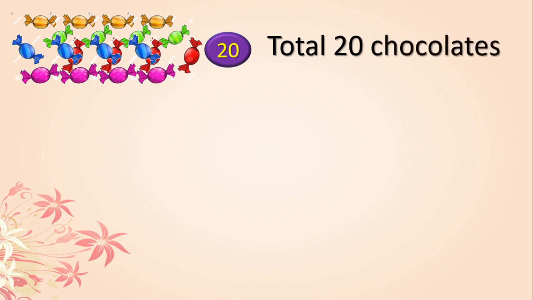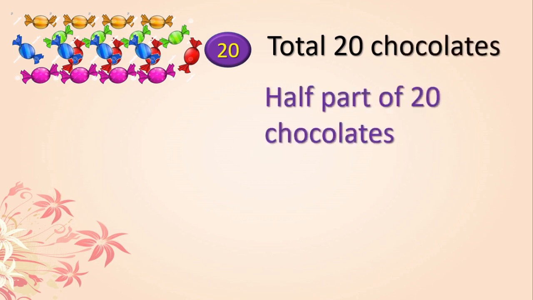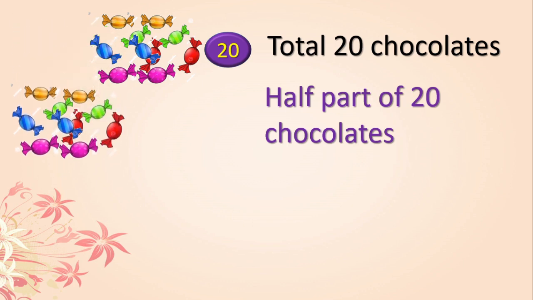Now, I hope you understood about the 3/4. We will understand clearly by using one more example. See here, so many chocolates are there. How many chocolates are there here? 20 chocolates are there. Total 20 chocolates are there. Okay, now what will we do? Half part of 20 chocolates. Come on, tell me how many? Yes, half of 20 is nothing but 10.